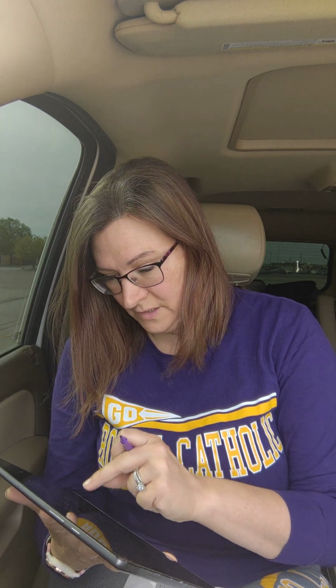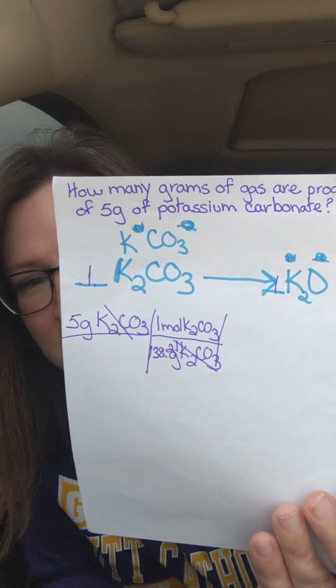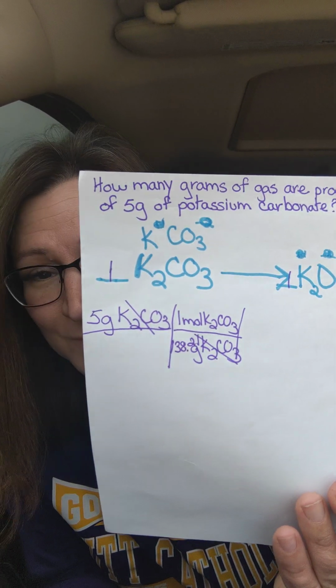Alright, so 78.20 plus 1 carbon, which is 12.01, plus the 3 oxygens, which is 48. And then we get, so the molecular mass for 1 mole of potassium carbonate is 138.21. Again, I just added all those together. I really need to work on my writing. That does say 138.21, I promise. Maybe by the end of these I'll do a little better on these videos.